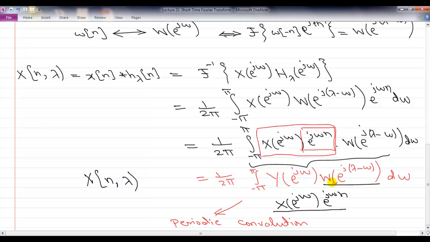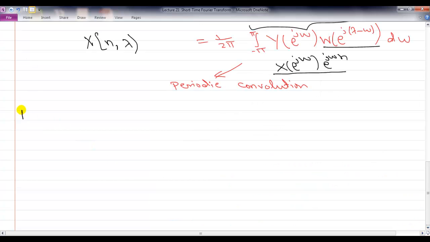If this W has a wide main lobe, then it's going to smear frequencies that are present in X for that fixed value of n. If this W has high side lobes, then you are going to get leakage into other frequencies for that value of n.